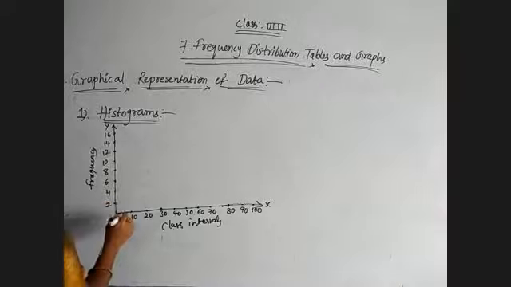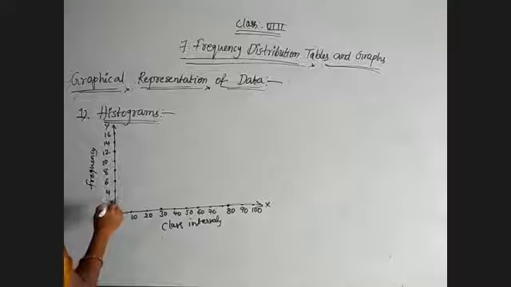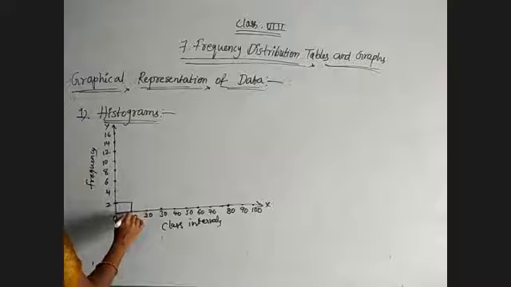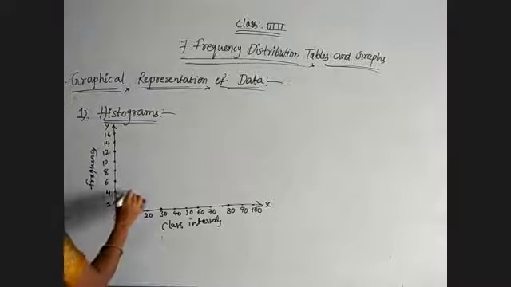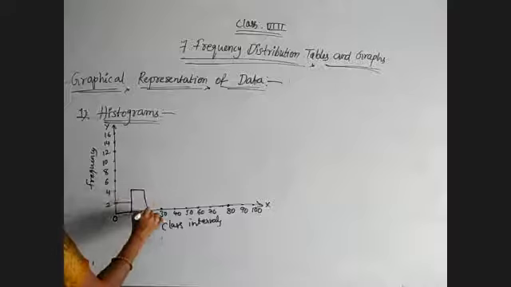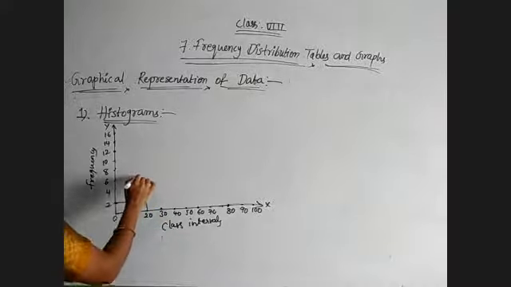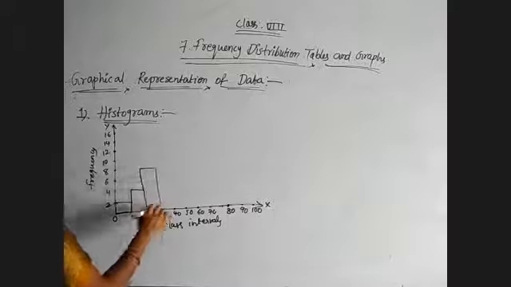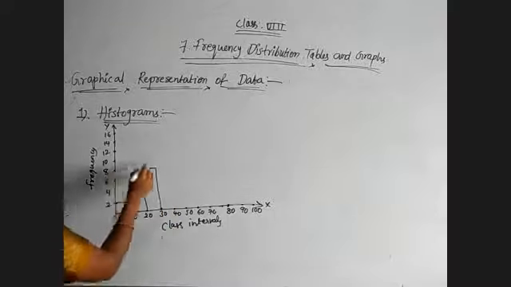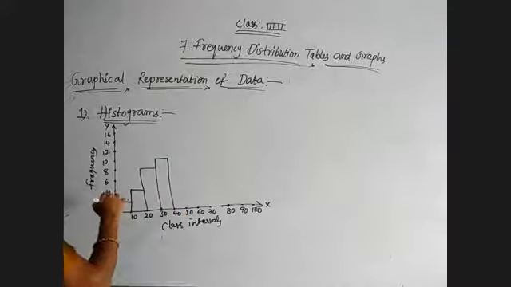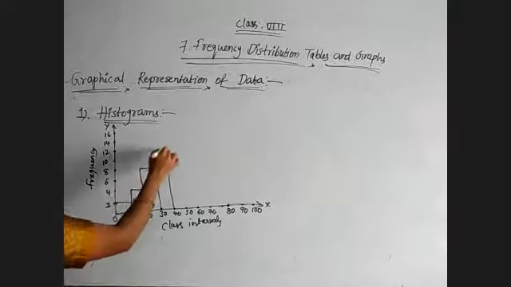So they have mentioned 0 to 10, let it be 2 students. Then 4, 8, next 10, and 12 I am taking.